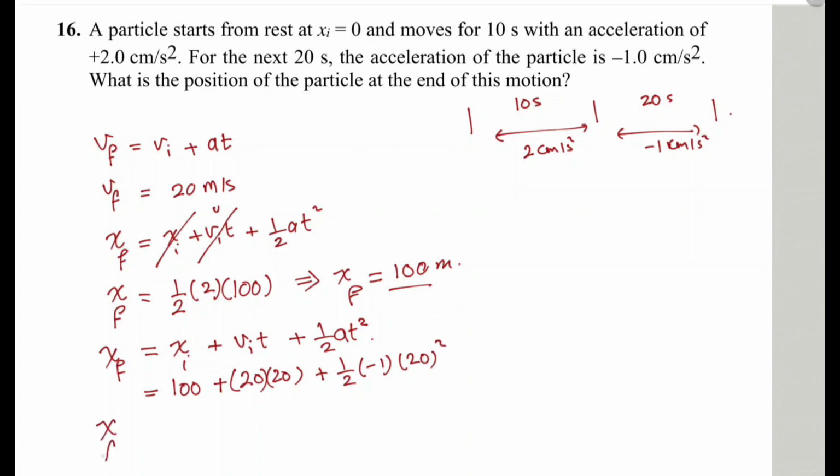After all, x final is the final position, equal to 100, the first position, plus 400 minus half times 400. After all, the final position equals 300 centimeters.